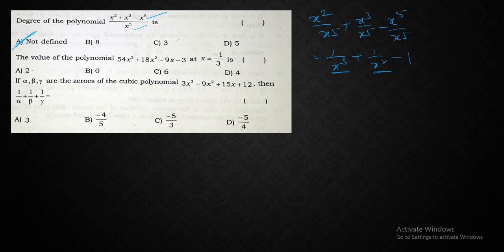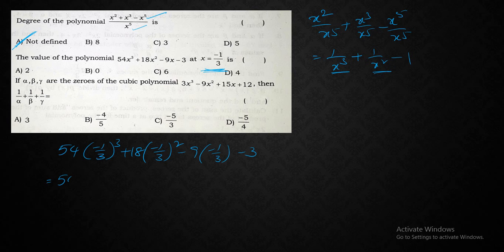Next, the value of this particular polynomial. It is asking the value of the polynomial at minus 1 by 3. So what am I going to get? 54 into minus 1 by 3 whole cube plus 18 into minus 1 by 3 whole square minus 9 into minus 1 by 3 minus 3.